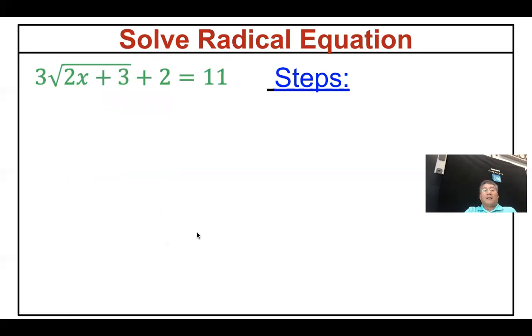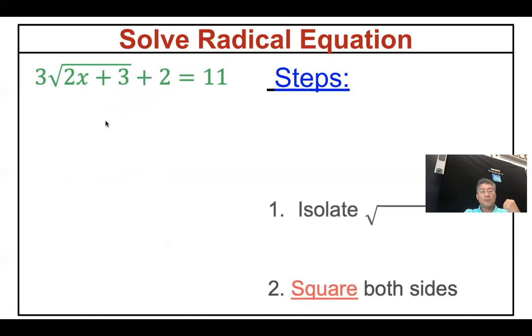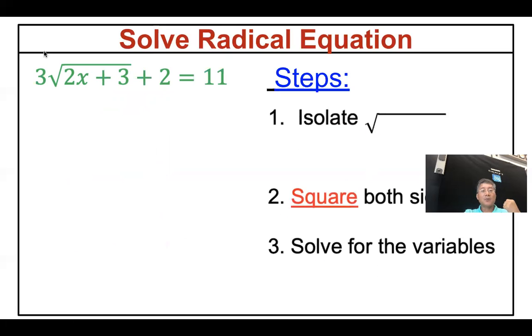So let's say you have a radical equation like this. How do you solve for x? If you just know the steps, it's very simple. First, what should you do? Isolate the square root.